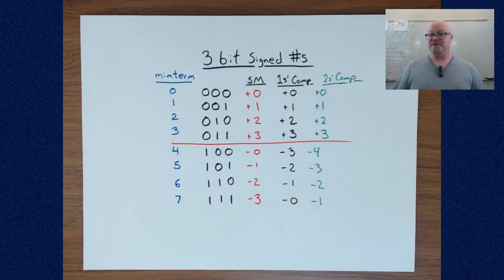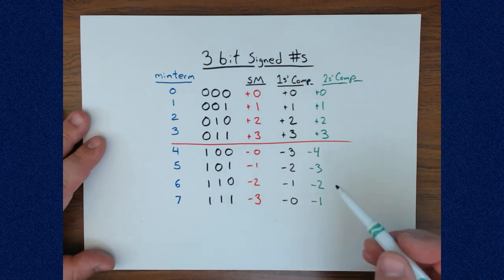Now what's also a big change here is that we have as many unique values as we have unique bit patterns. And that's not something that we've had with signed magnitude representations or 1's complement representations. So that's new. And coming right along with that is the fact that our range has actually expanded just a bit.